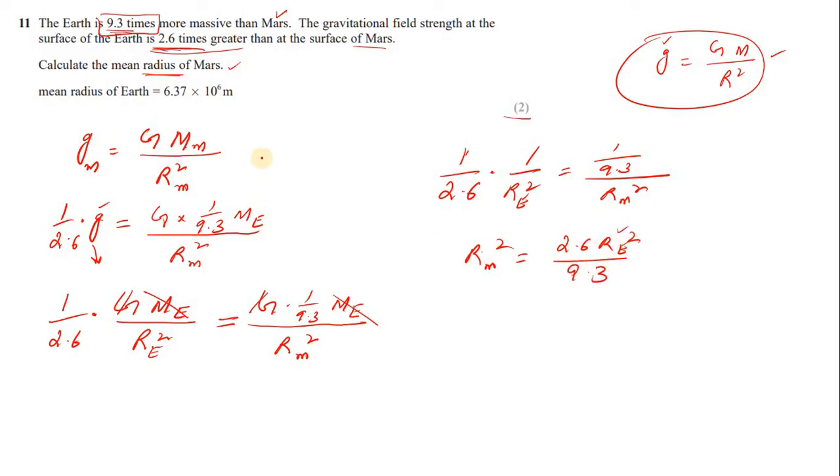Now you have Re, which is 6.37 times 10 to the power 6. Substitute this value and then take the square root. So Rm would be equal to 3.37 times 10 to the power 6 meters. This is the radius of Mars.